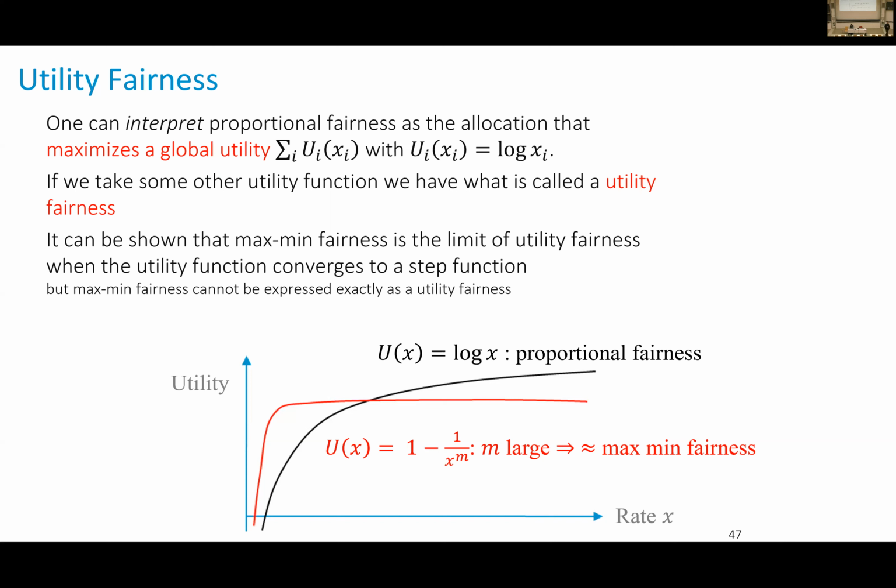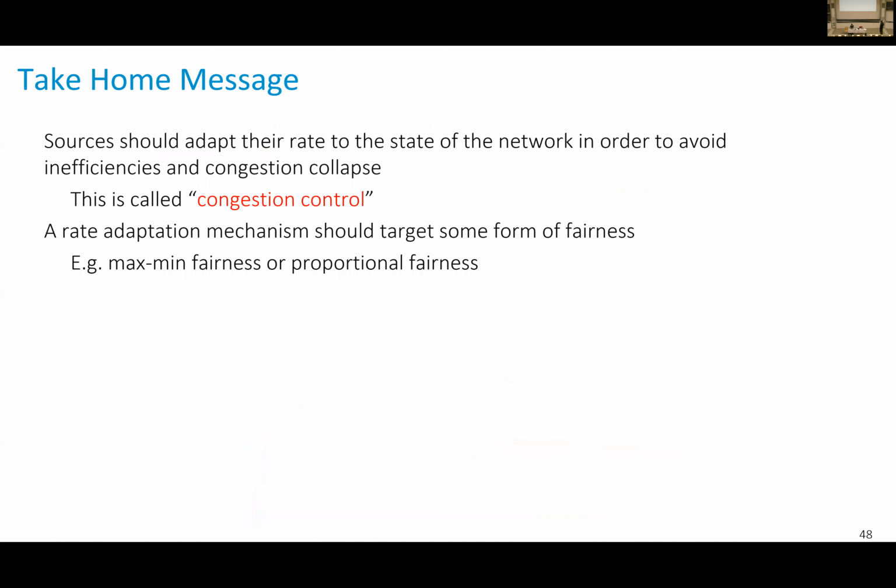So we can think of the max-min fairness as a limit of utility maximization, where the concave function is very weird. It's almost flat here. So that is something to remember, because that will tell us also what happens in reality in the internet when we look at concrete things, what is done in the internet.